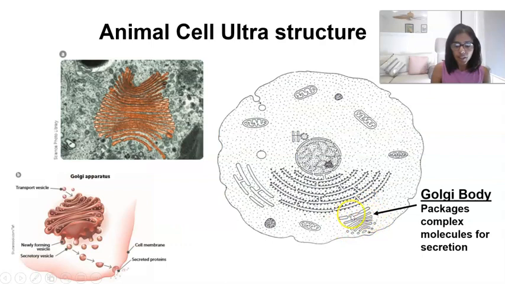This structure down here, it's got a funny name. It's called the Golgi body, or sometimes known as the Golgi apparatus. So once the ribosomes have made our protein, it then goes to our little packaging plant, that's the Golgi body or Golgi apparatus, and it packages up that protein into the shape that it needs to be, and it gets it ready to leave the cell.